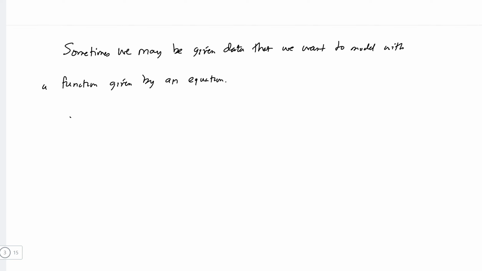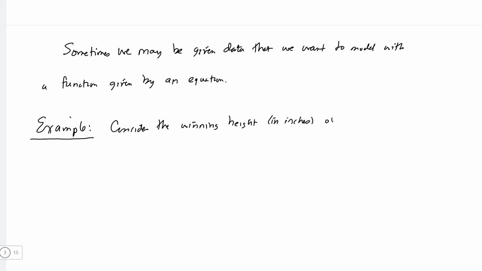So let's maybe take an example here. And let's consider the winning height, we're going to measure this in inches, of the men's Olympic pole vault from 1900 to 1912.